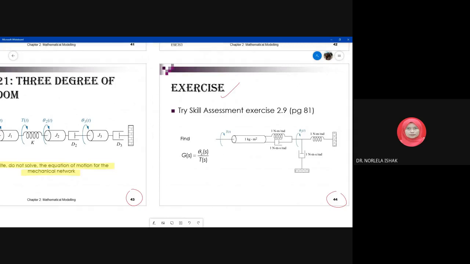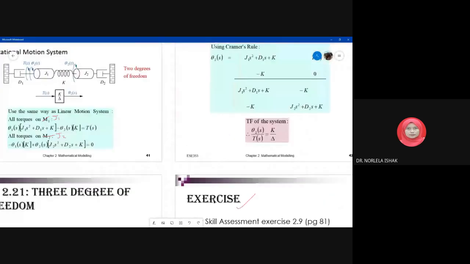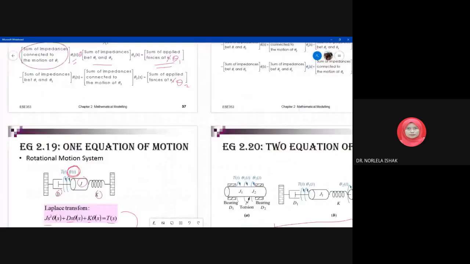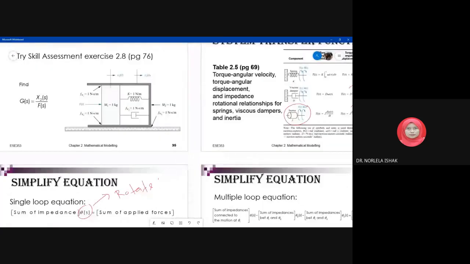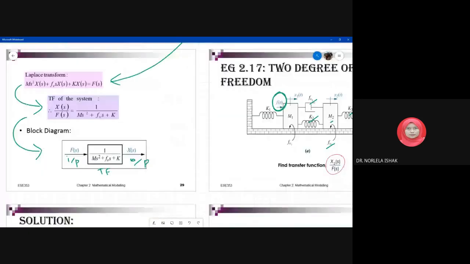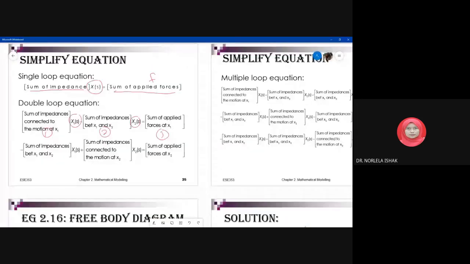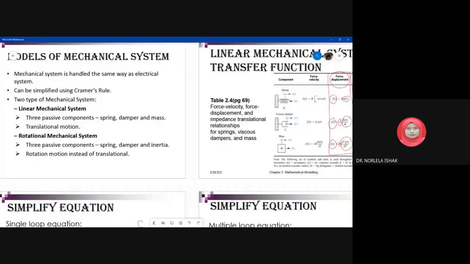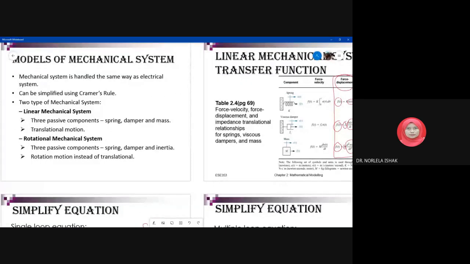Now we finish our mechanical system. We finish the model of the mechanical system: how to define the transfer function for a mechanical system, based on linear mechanical systems and rotational mechanical systems.